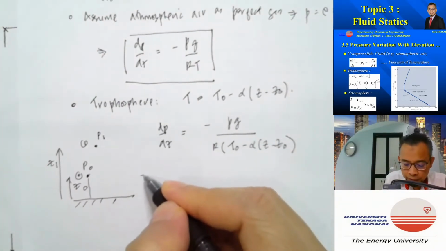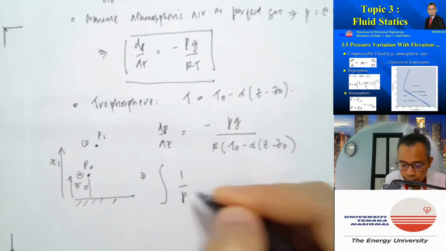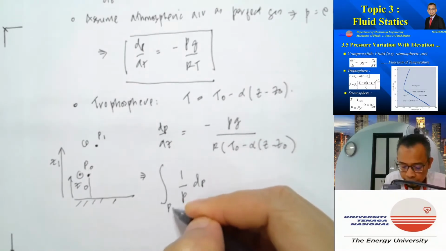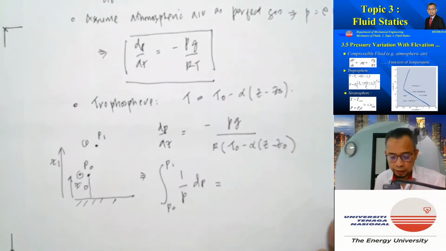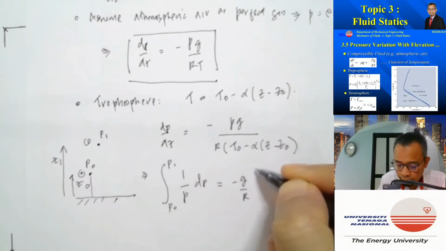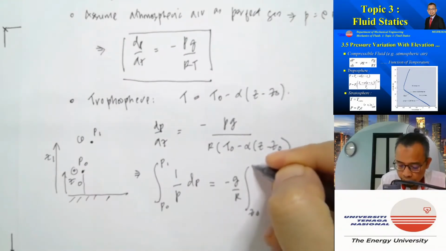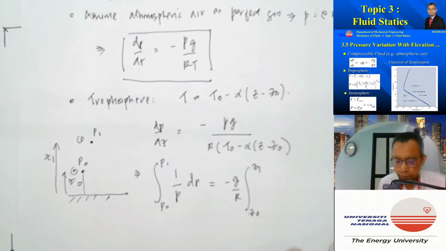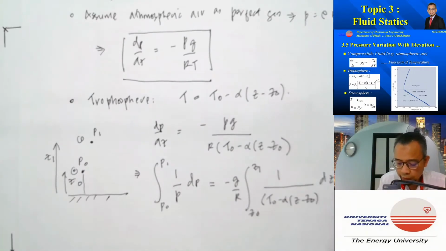If we integrate this equation, we bring P here: 1 over P dP, from P0 to P1. On the right-hand side, we bring the constant out, minus g over R, and integrate from z0 to z1 of 1 over T0 minus alpha (z minus z0) dz.